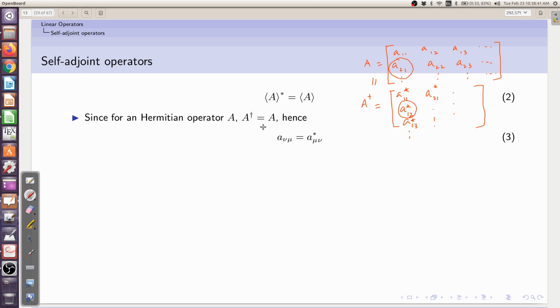By comparing these, we find that A21 must be equal to A12 star, and hence we get this expression. In general, A nu mu must be equal to A mu nu star.